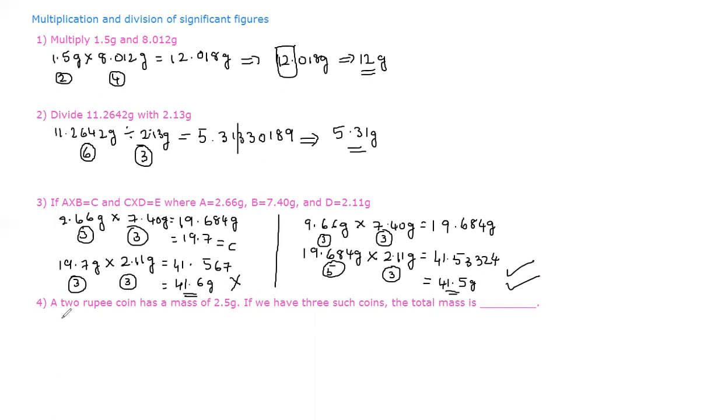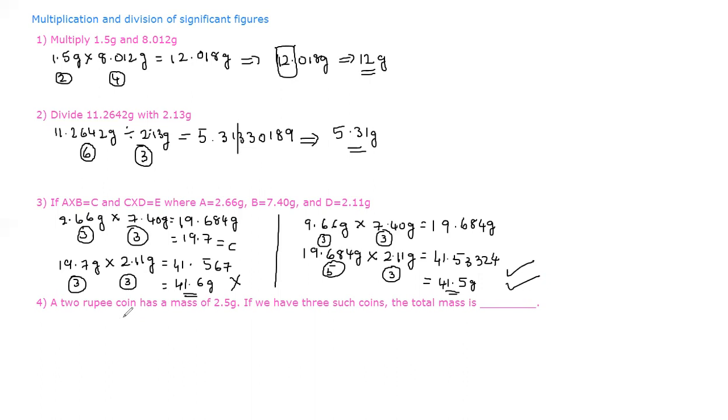Okay, now let us see this fourth one. A 2 rupee coin has a mass of 2.5 grams. If we have 3 such coins, the total mass is dash. It is a very simple sum. The mass of the coin is 2.5 grams, and 3 such coins are there.